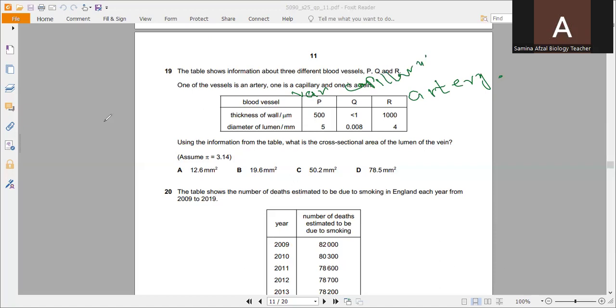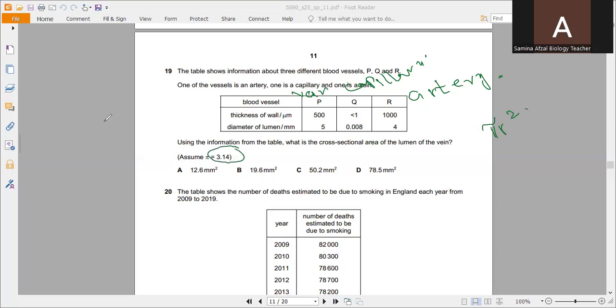So we have to calculate the cross-sectional area. For this purpose, first of all we need the diameter of P, the vein, and the formula pi r squared.